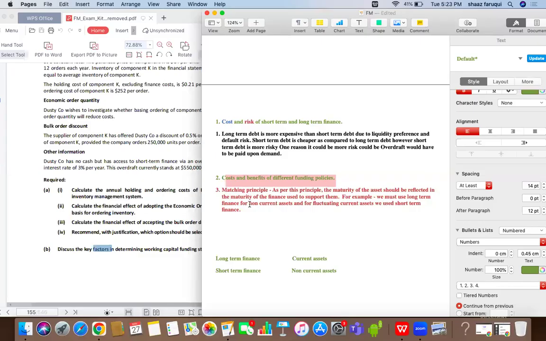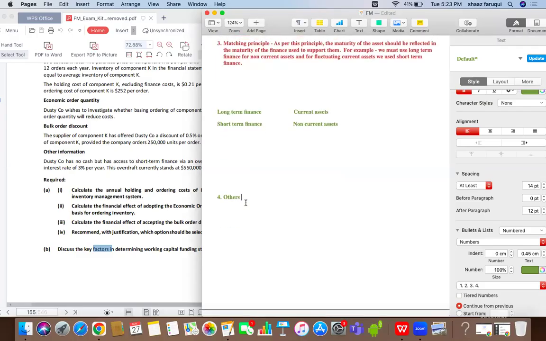How would an aggressive guy be with respect to finance? Then we talked about some other key factors. So here you need to talk about things like management attitudes to risk.